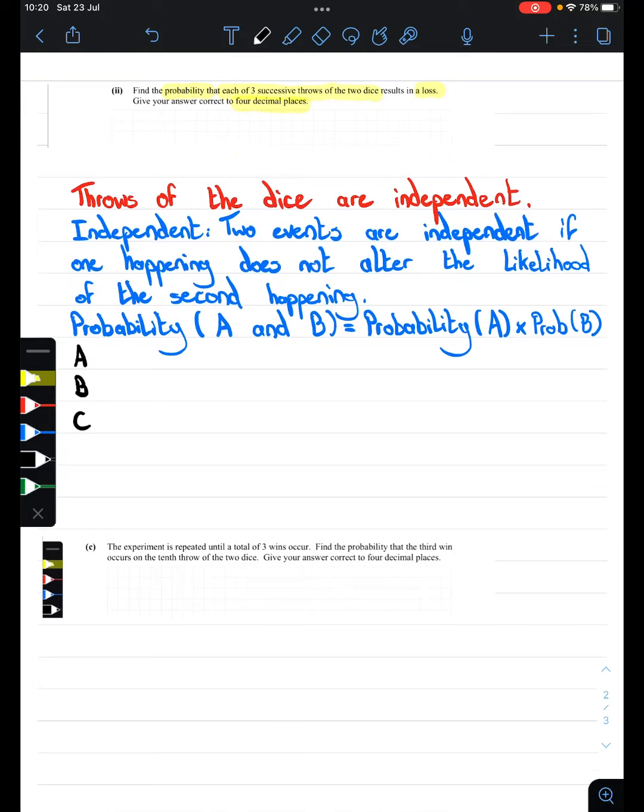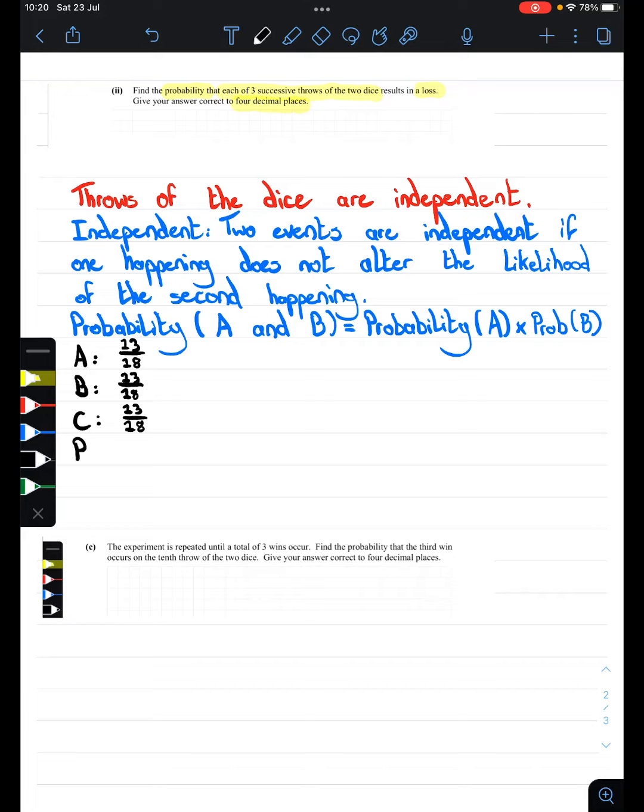So A, B, and C each have probability 13 over 18. And they all have to happen for you to lose 3 in a row.